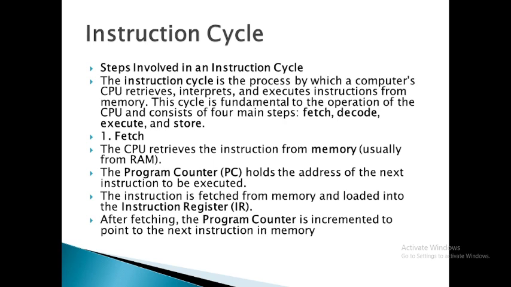So it is a cycle: retrieving, interpreting, executing, and storing. There are 4 steps: retrieving data, interpreting data, executing data, and storing data. Let's look at the first step, the retrieving or fetching.